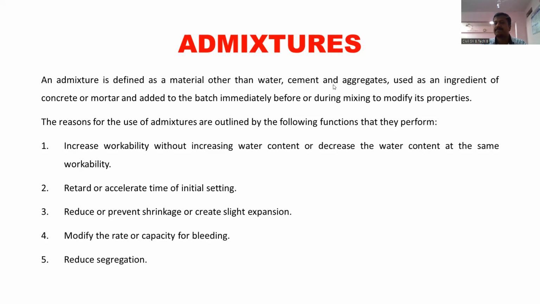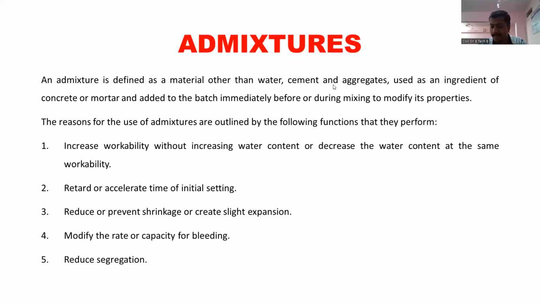In the first type of segregation, coarse aggregates get separated from the given concrete material. Whatever coarse aggregates are present get separated from the concrete itself. That is the first type. What is the second type?